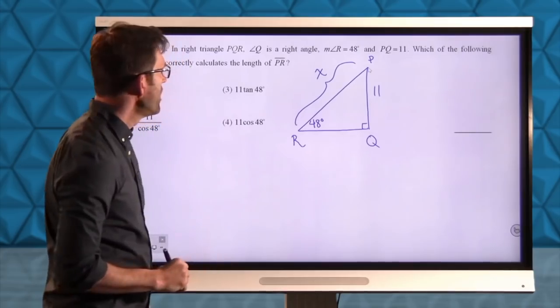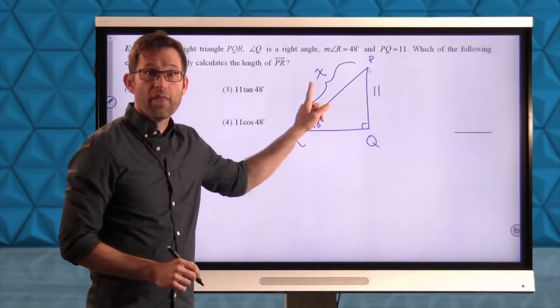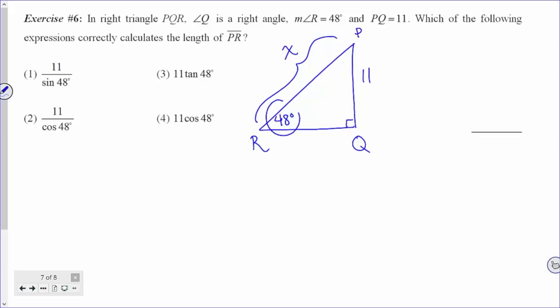All right, and now I have to look at the side that I know, the side that I want, and the angle, and relate them all together. So for that 48 degrees, the 11 is opposite. The x is the hypotenuse. So I can say opposite over hypotenuse, that must be the sine. The sine of 48 degrees is the side opposite, the 11, divided by the hypotenuse, x.